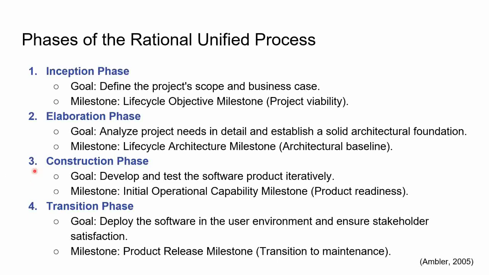The construction phase is where the actual development takes place, aiming to bring the system to a point where it can be deployed. This phase concentrates on finalizing requirements, designing, coding, and testing the software according to these requirements. Lastly, the transition phase is about getting the system ready for real-world use.